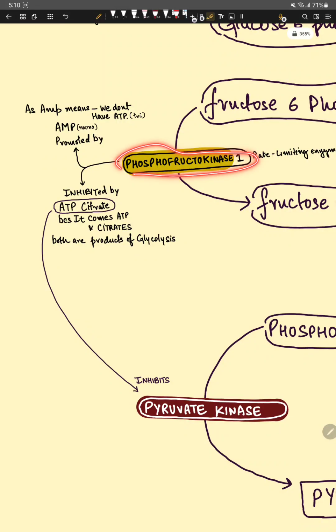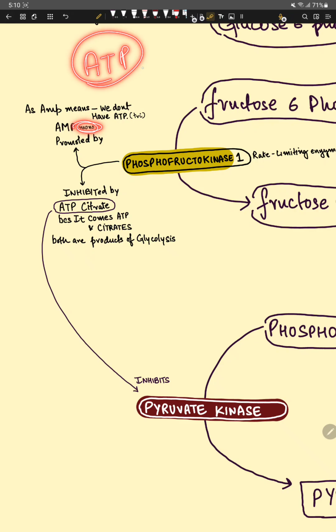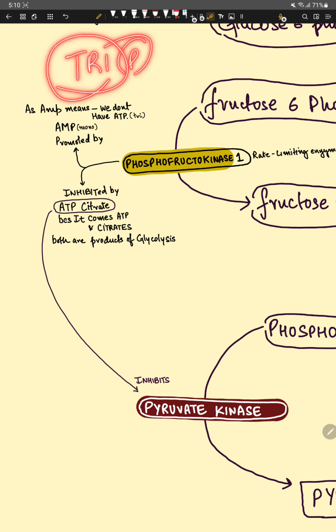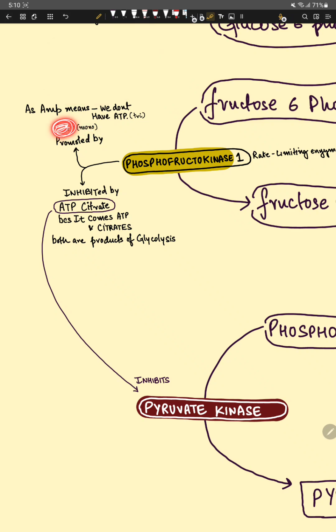How is this done? The enzyme PFK1 is promoted by AMP, which is mono. What is ATP? ATP is an energy packet which has tri-phosphate. But AMP is mono, so it means AMP is less energy and ATP is more energy.